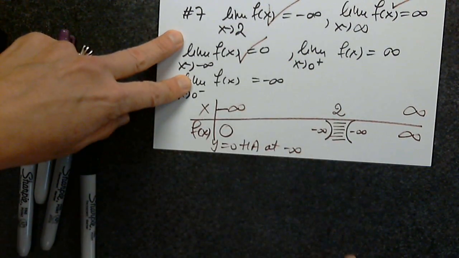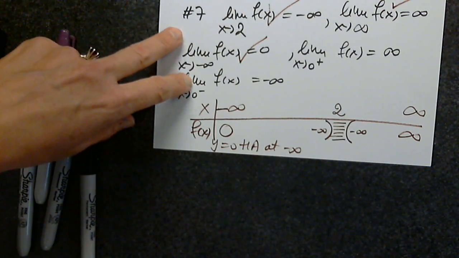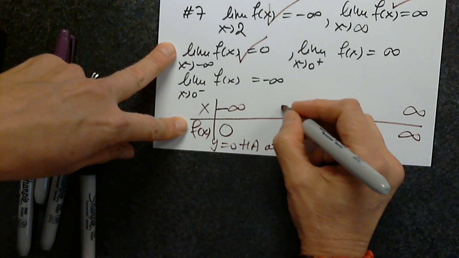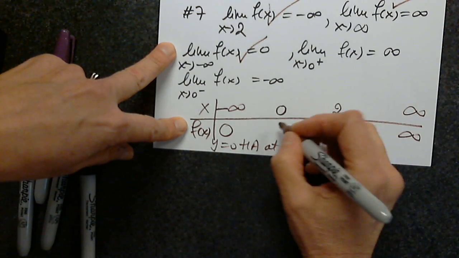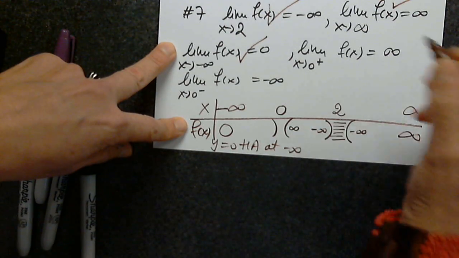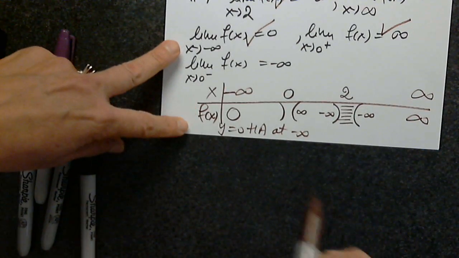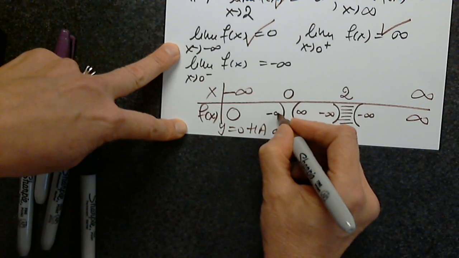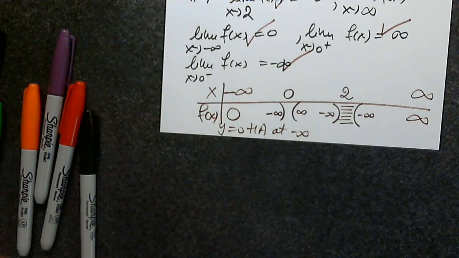Done. Limit of f of x as x approaches 0 from the right is infinity. Done. Limit of f of x as x approaches 0 from the left is negative infinity. Done.